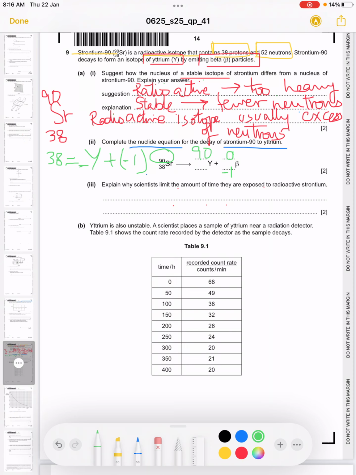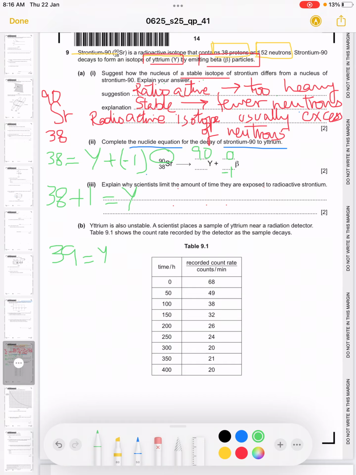Okay, just rearrange the equation. We get 38, -1 will go to the other side and give you +1, so yttrium is 39.